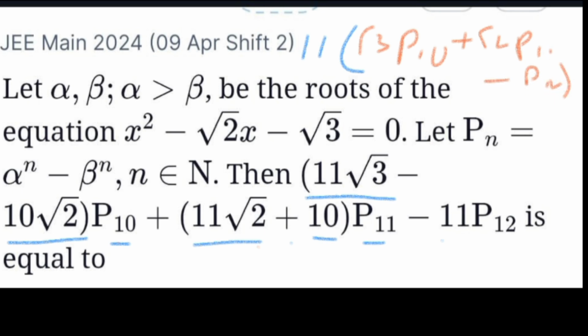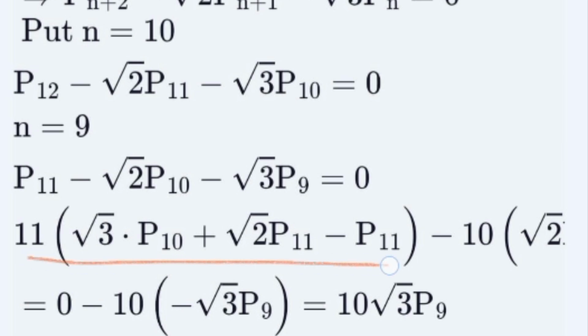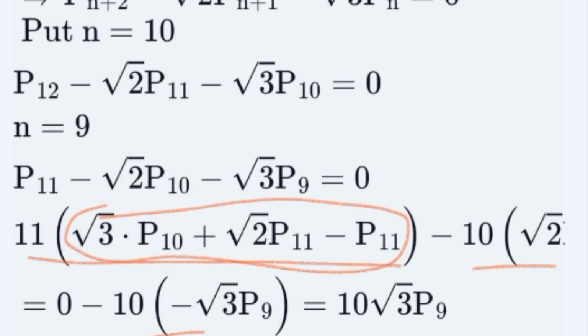So 11 is common. Now 10 is common with minus, so root 2 P10, then minus P11. So here 11 is common, here 10 is common. So 11 into this value, and this is the same value.